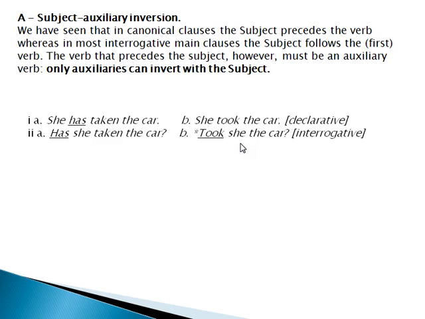Compare A and B. Because here in A I have an explicit auxiliary verb in the declarative. The declarative sentence has an auxiliary verb. It was just inverted. What's the problem with B? She took the car. Where's the auxiliary verb? It's hidden. It's not there.